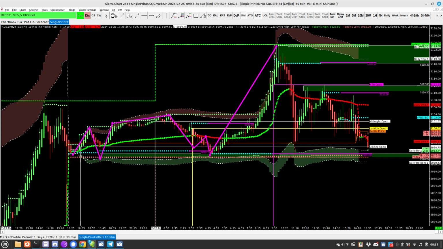That was Globex Open. Came down to Globex Open, bounced up, rejected VWAP, came back down to value area low, and then back through it. You usually get one bounce. Sometimes you'll get two.